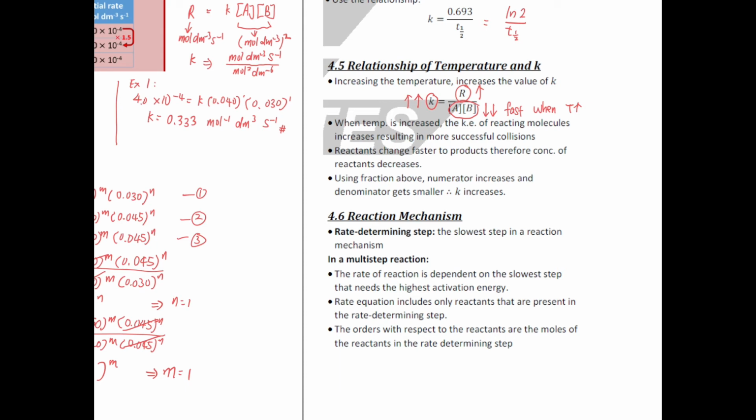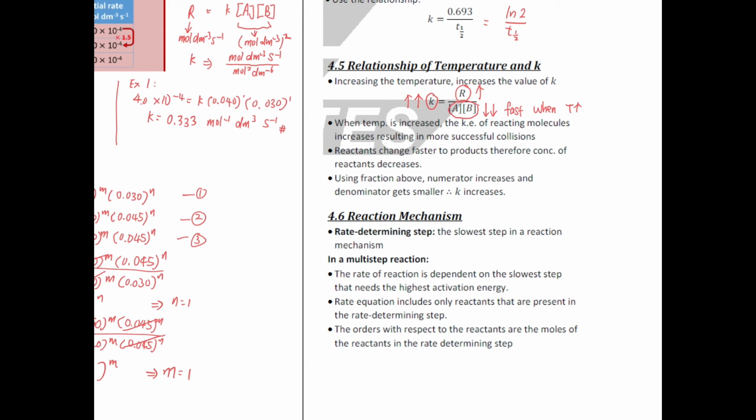Let's see how. In a reaction mechanism, if you remember your organic chemistry, we learned mechanisms, for example the free radical substitution. We have three steps: initiation, or the initial steps, then the propagation steps, and then the termination steps.